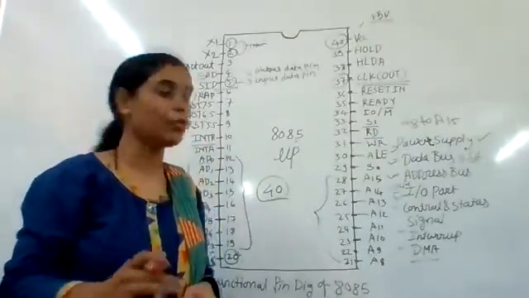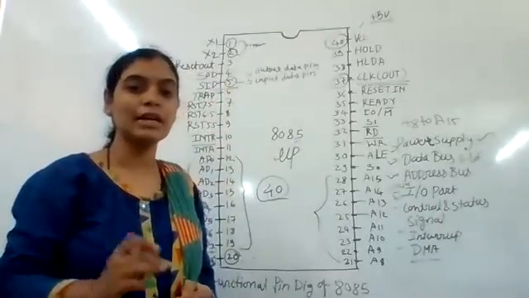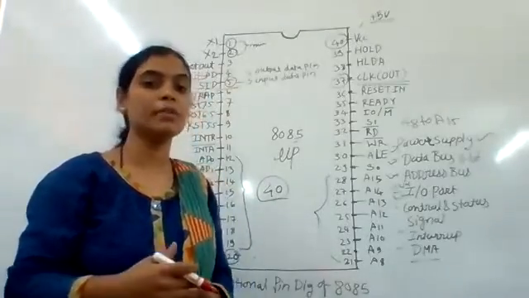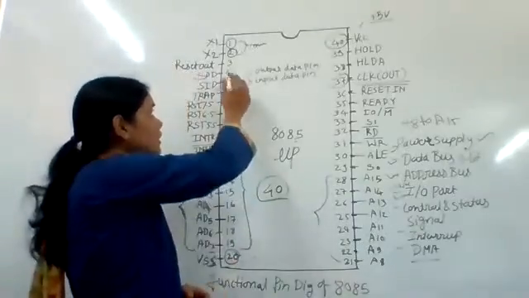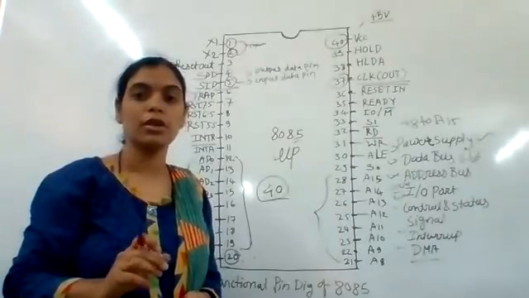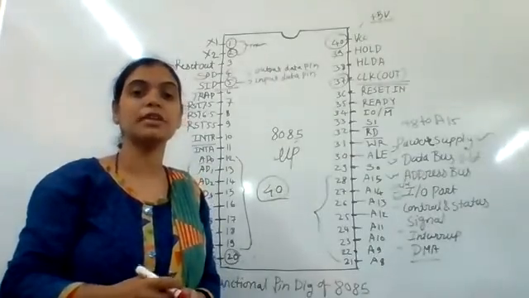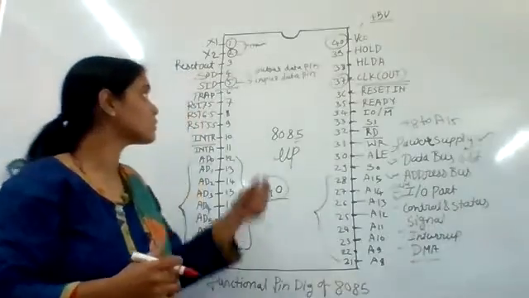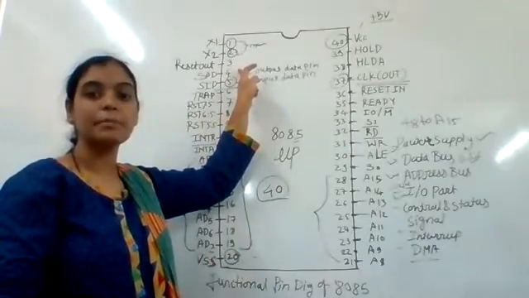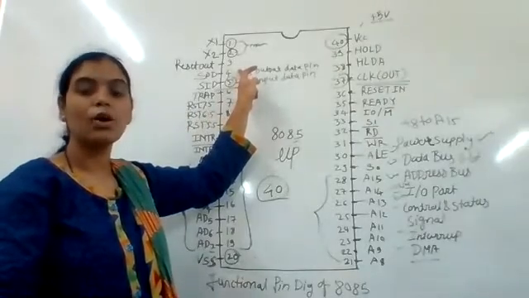In the 8085 pin configuration, once data is processed in the microprocessor, this pin represents the result bit by bit at the output device.